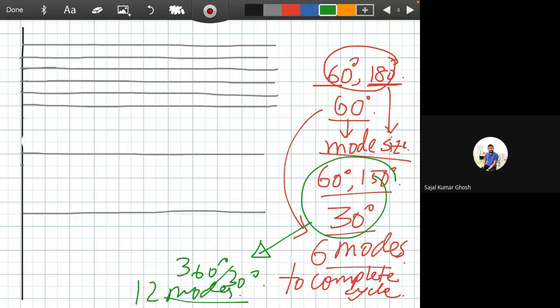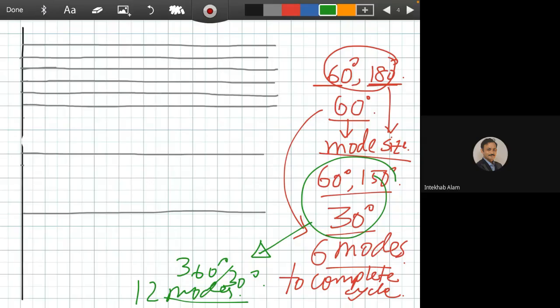And for the third case, 15 degree mode size, we require 24 modes to complete the cycle. Is it clear up to this point? Yes, sir.